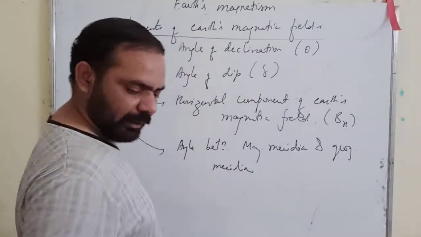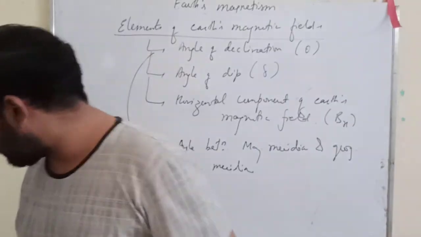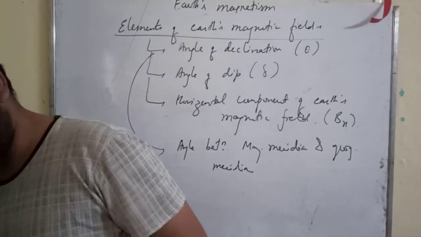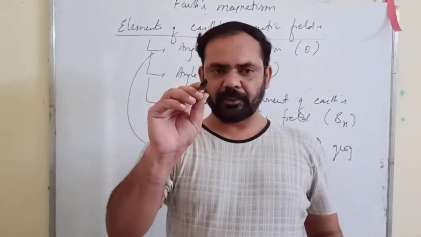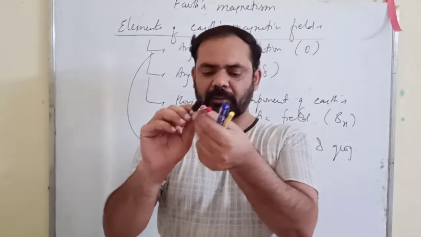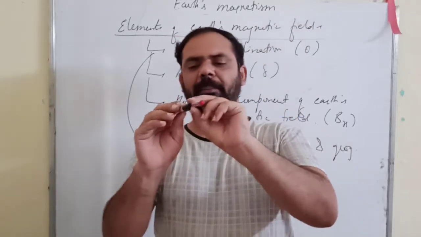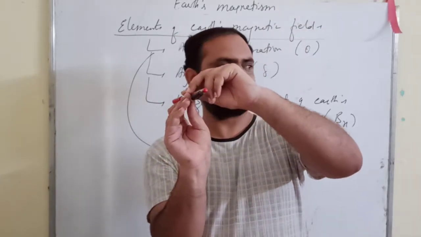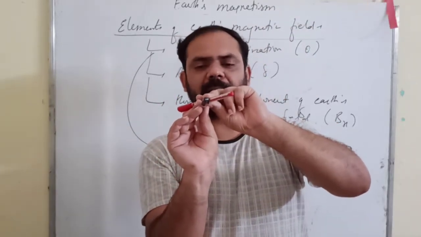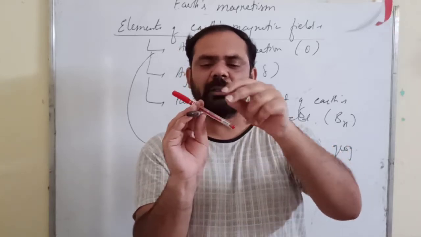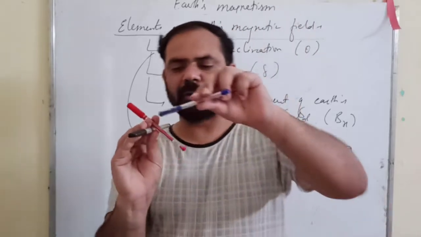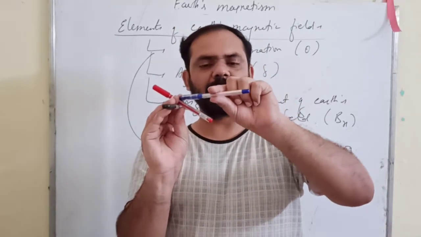I can give you an example with the help of these pens. Suppose this is the north-south direction, and this is your bar magnet. It will come to rest like this. This is the angle of declination, as well as it will move on the vertical plane also. So this was your horizontal axis.